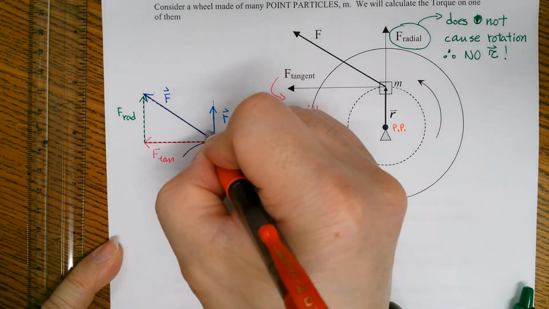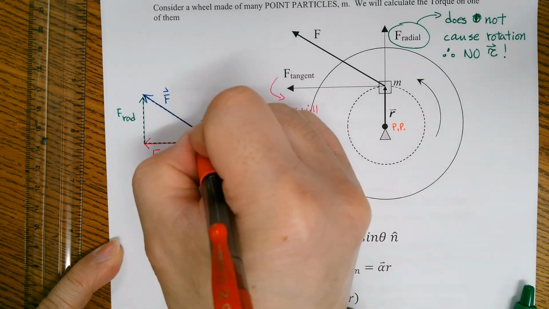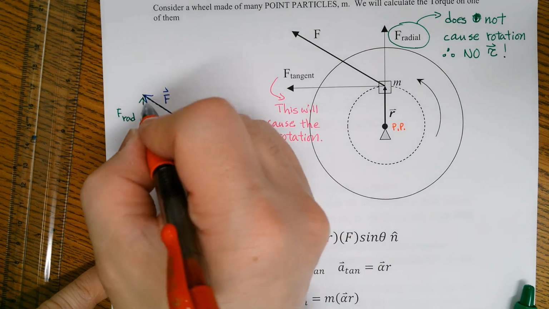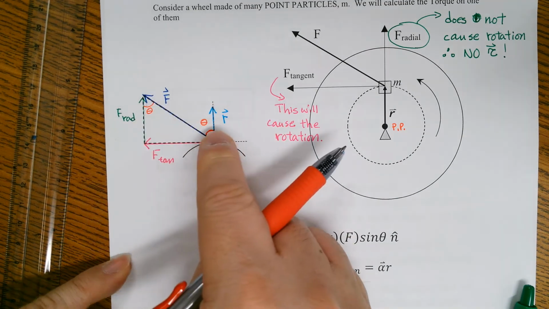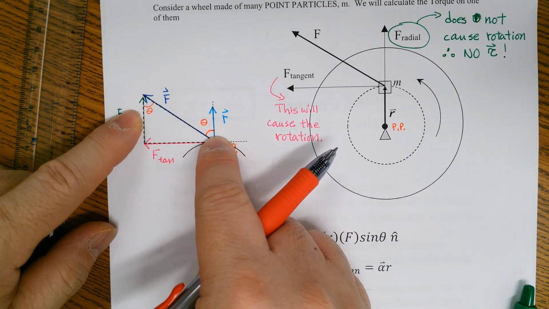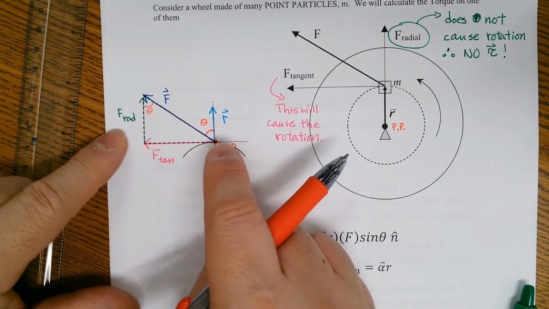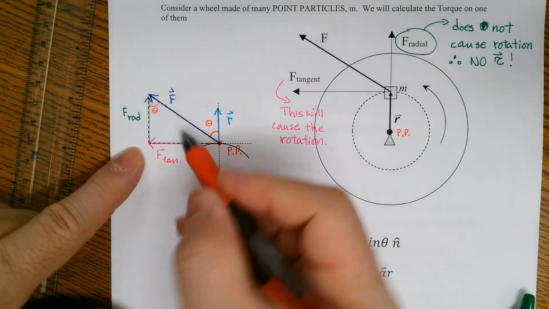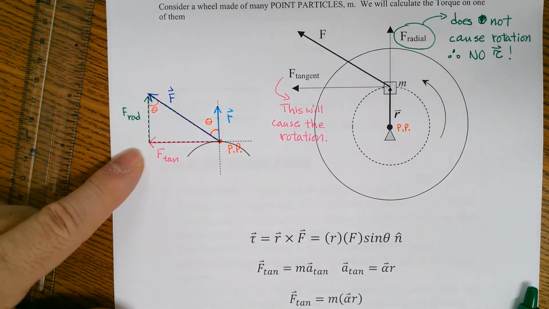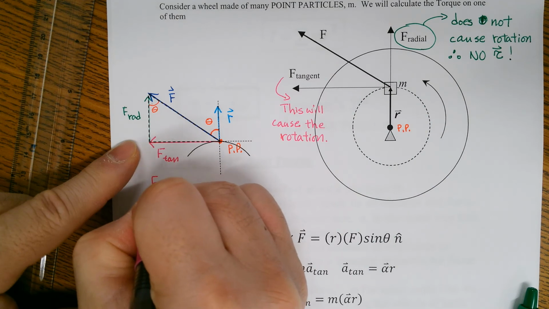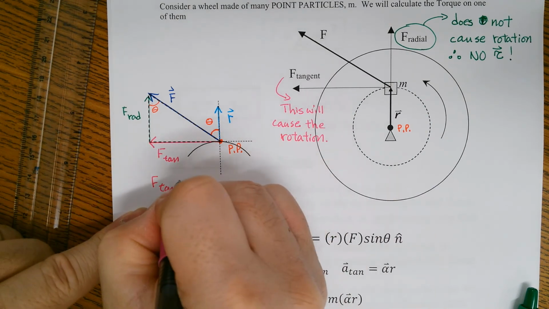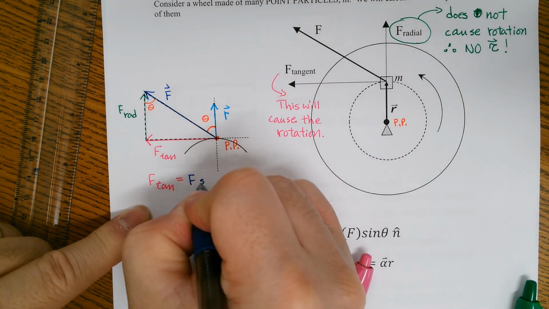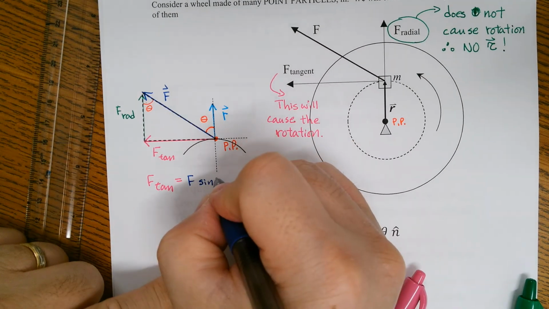This angle theta and that angle theta are the same thing. So this F tangential is the opposite of my force, so F tangential is equal to F sine of theta.